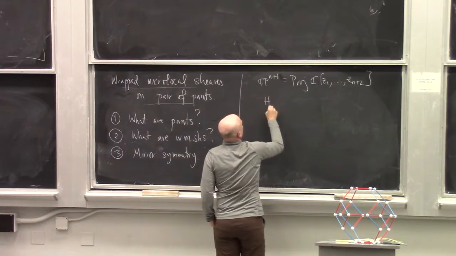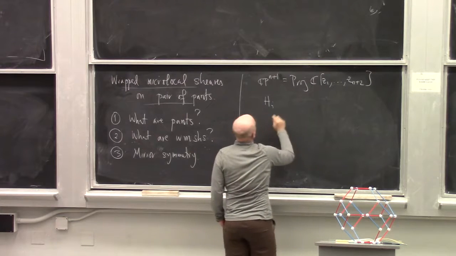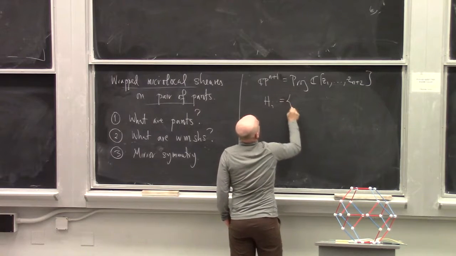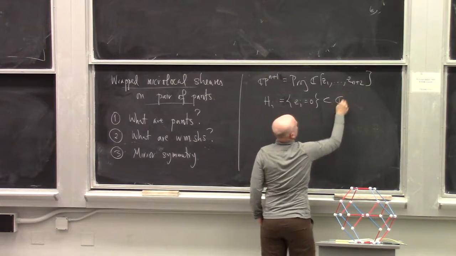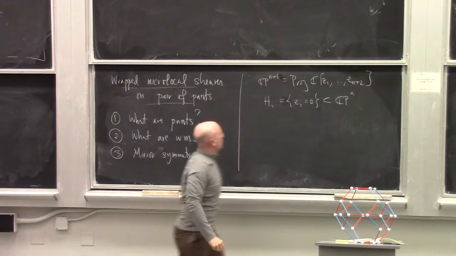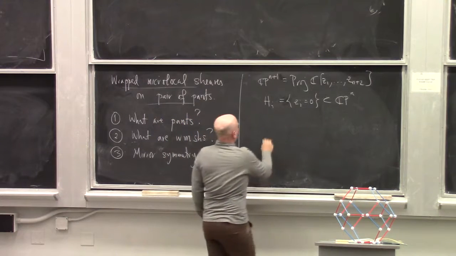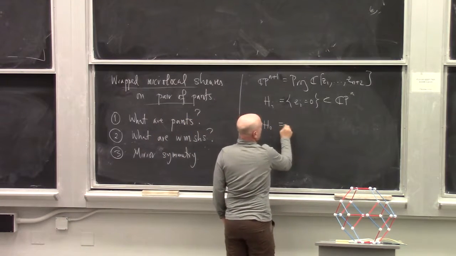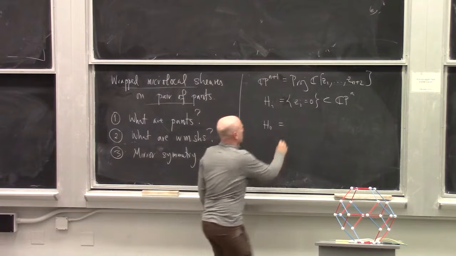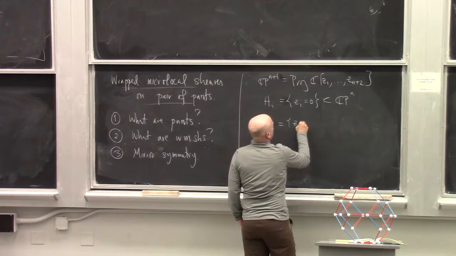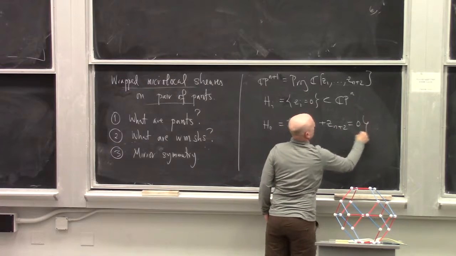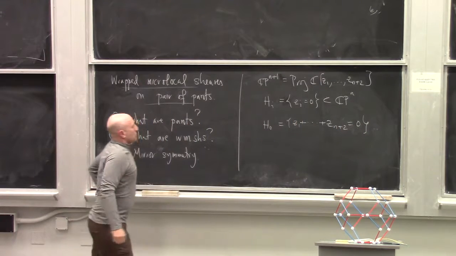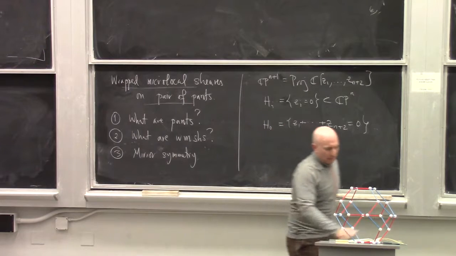Let's write H_i inside of here for z_i equals 0, one of the linear hyperplanes. And then let's write H_0 for a generic hyperplane, which we'll take to be z_1 plus all the way up to z_{n+2} equals 0. Okay, and now the pair of pants.